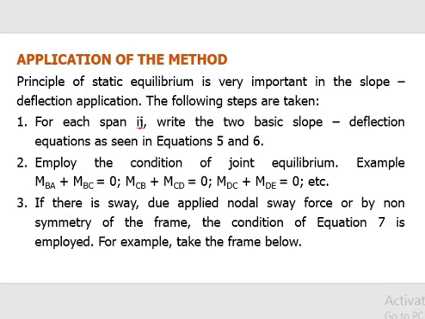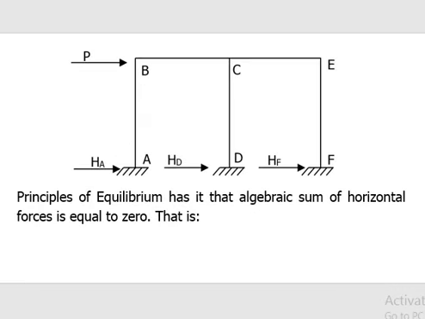3. If there is a sway, due to nodal sway force or by non-symmetry of the frame, the condition of equation 7 is employed. For example, take the frame below. This frame has a sway load P. When you apply this load on this frame, it will sway to the right.